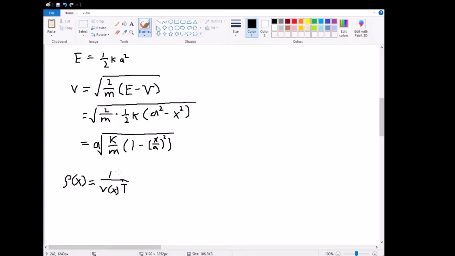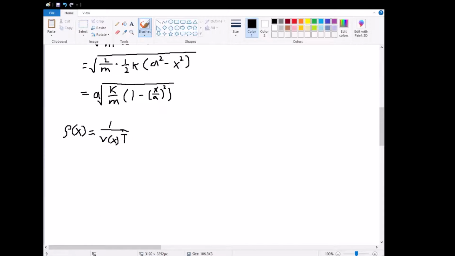So we can plug this in, and we get that rho of x is in fact equal to 1 over T times A, and then we're going to flip everything over, so the square root of k over m becomes the square root of m over k because it appears in the denominator, and then multiplied by 1 over the square root of 1 minus x over A squared.